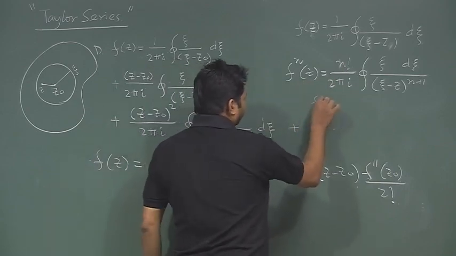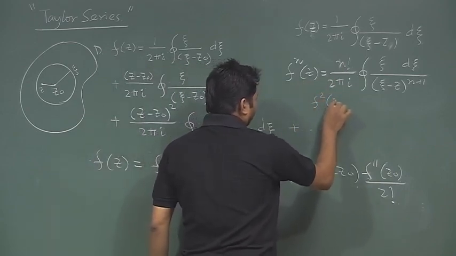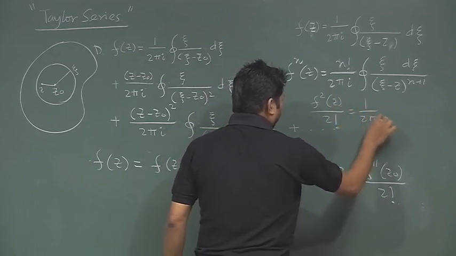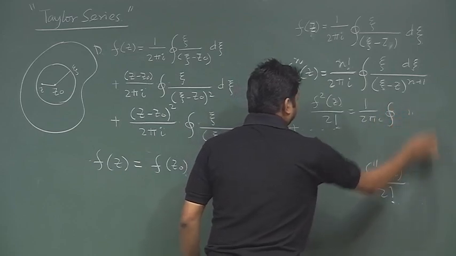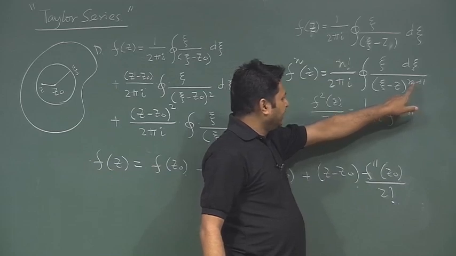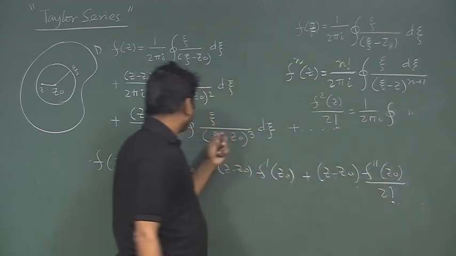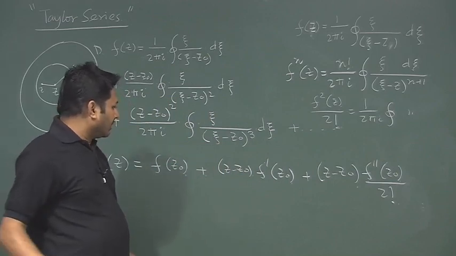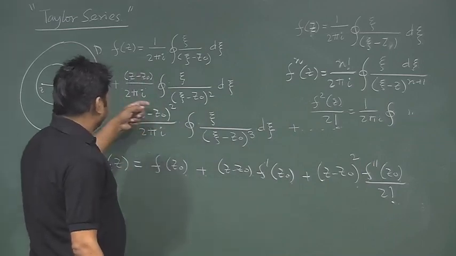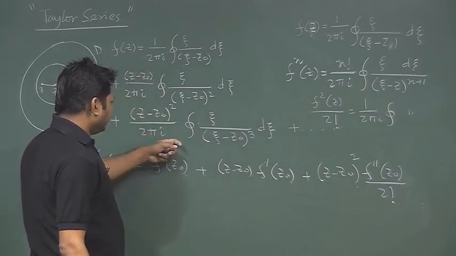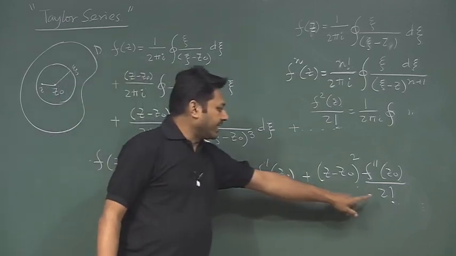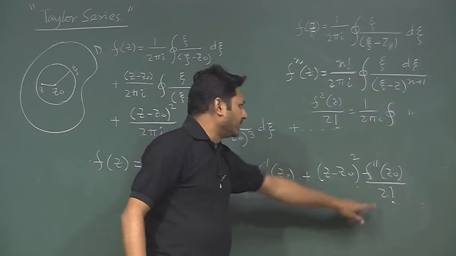So, if I check from here, factorial 2 is 1 by 2 pi i integration of the rest. So, I am taking this term where n is equal to 1, n is equal to 2. So, that means the cube term will be here. So, here we have a square term, by the way. And I should have a factorial 3 here, factorial 2 here.